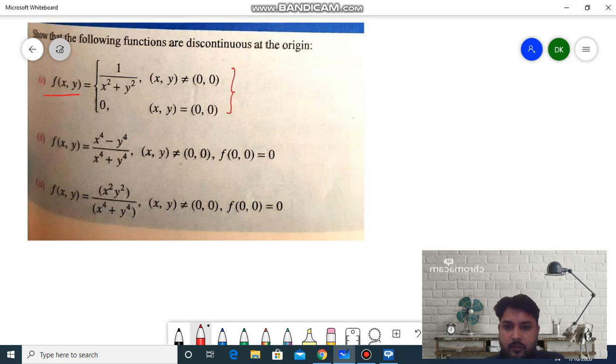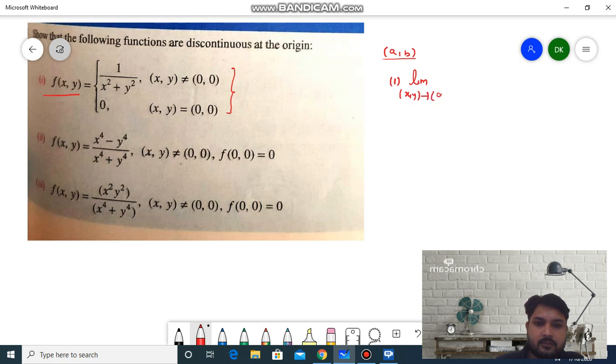Now I just want to recall to you that a function is said to be continuous at a point (a,b) if, first, the simultaneous limit of the function, that is the limit as (x,y) tends to (a,b) of f(x,y), exists. Exists means its limit should be equal along different paths.